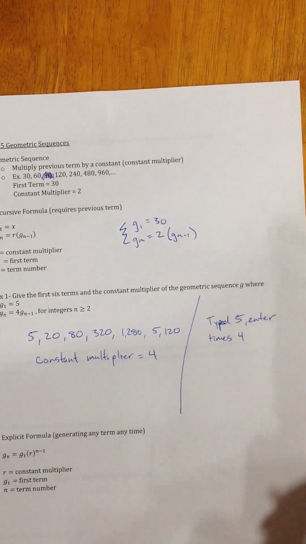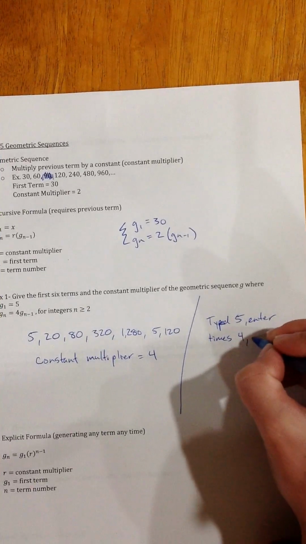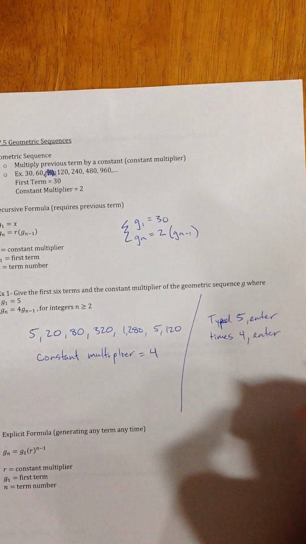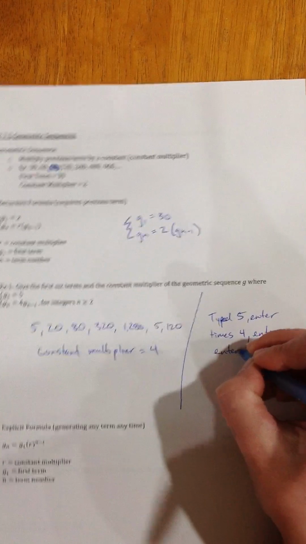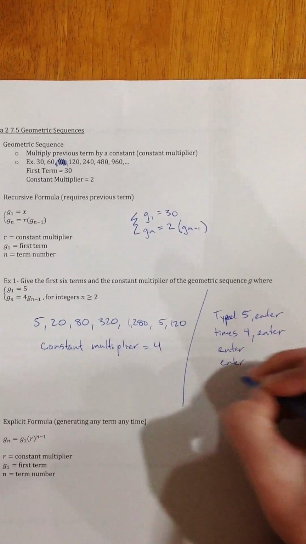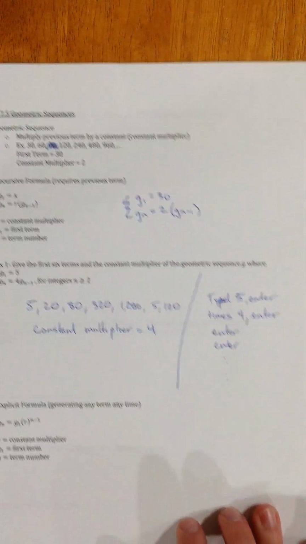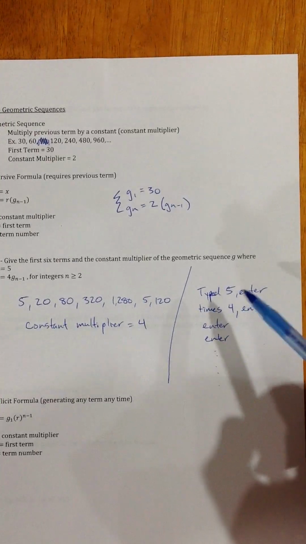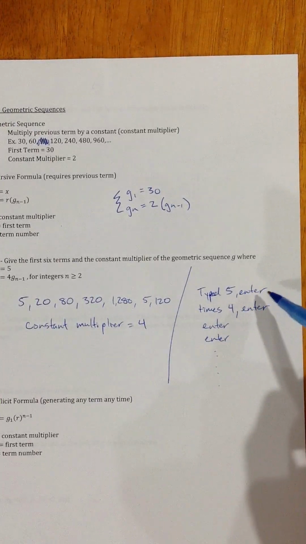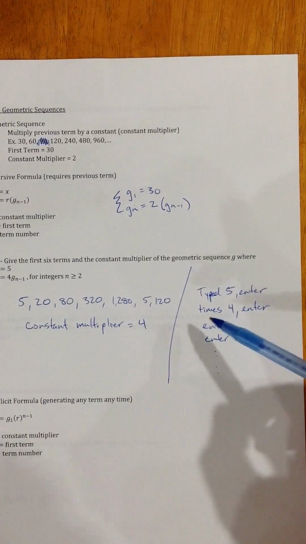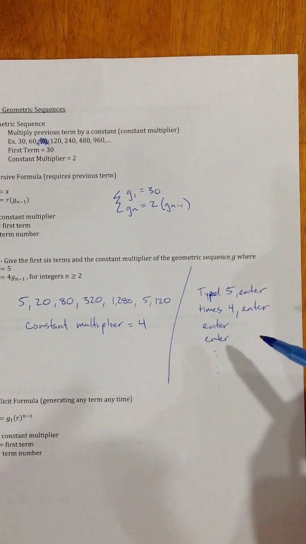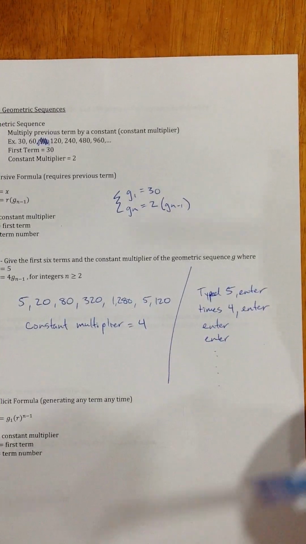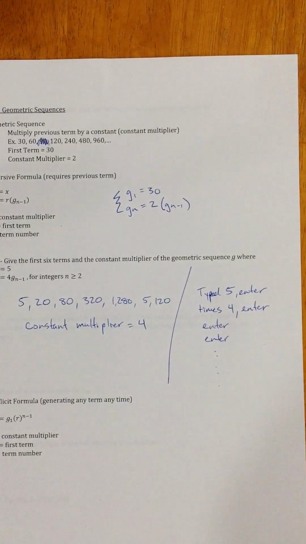So like in our case it was 4, so I did times 4, and then hit enter, and then you just keep hitting enter as many times as you need to come up with all the terms in your list. Okay, so you just type in whatever your first term is, make sure you hit enter, otherwise it won't work. Then you just hit times 4 and then enter, and then enter as many times as you need. So that just kind of is a quick way to do that little process.